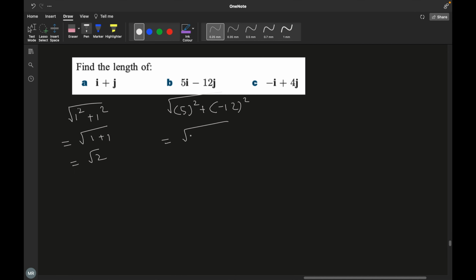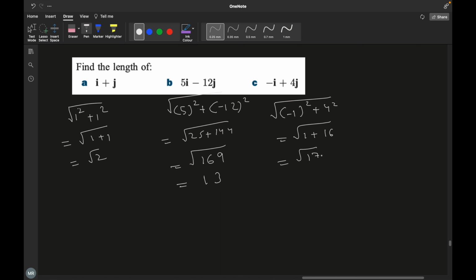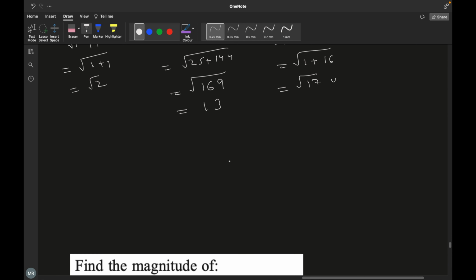It's going to be 25 plus 144, square root of 169, which is 13. We have minus 1 squared plus 4 squared. It's going to be 1 plus 16, which is square root of 17 units.